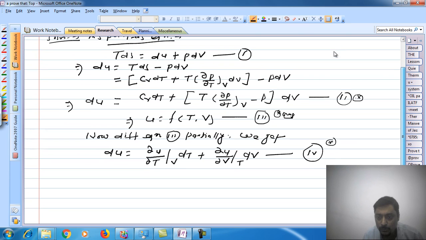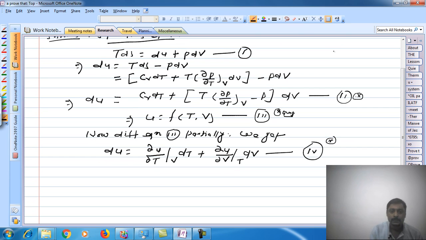If you compare both equations, we will find that both are the same, because in equation number 2 this du is written in this form, and in equation number 4 once again du is written in this form.